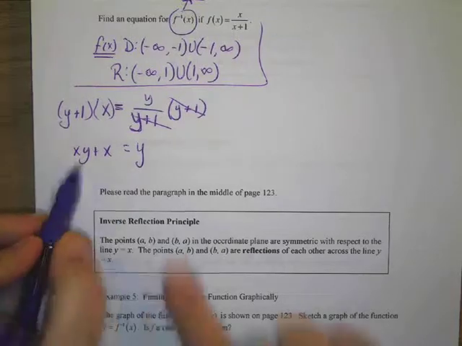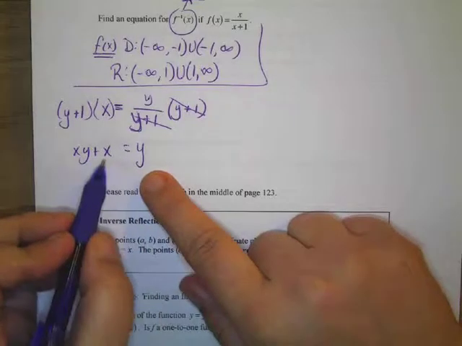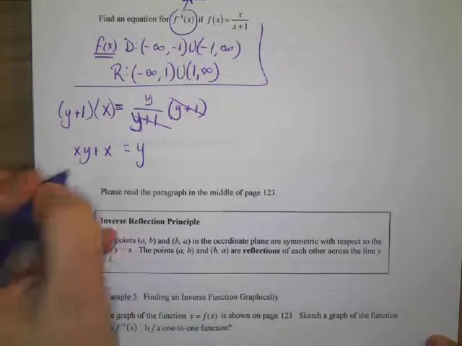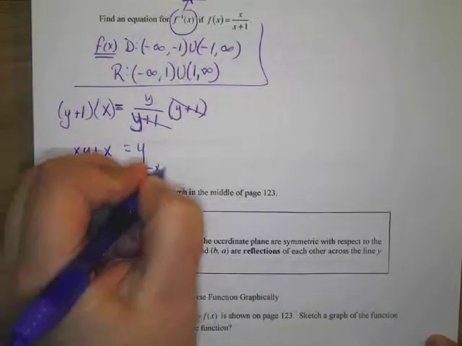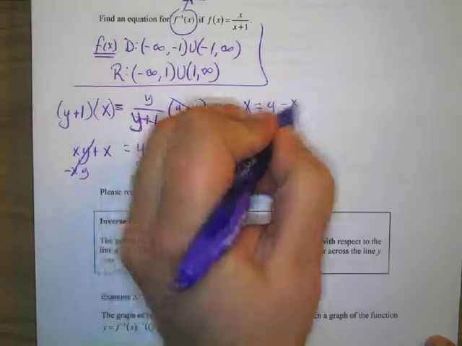I have an xy over here and just a y over here. Don't divide, because then we're back with y on the bottom. Minus the xy, move it over. So you have x equals y minus xy.